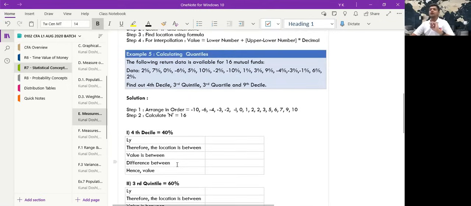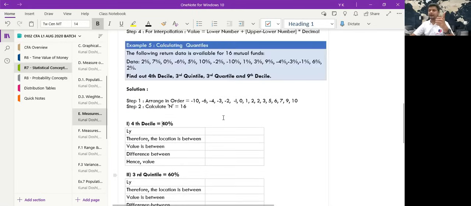So here we are going to calculate all the different types of quantiles. They have asked us to find the fourth decile, third quintile, third quartile, and ninth decile. So for the fourth decile, one decile is 10%, so the fourth decile becomes 40%, right? Quintile: one quintile is 20%, so the third quintile means 60%.